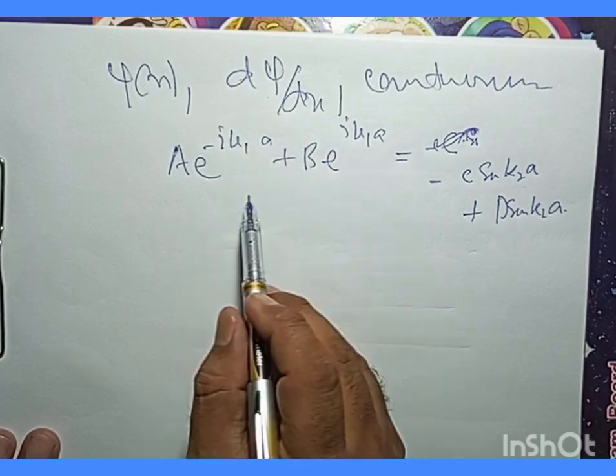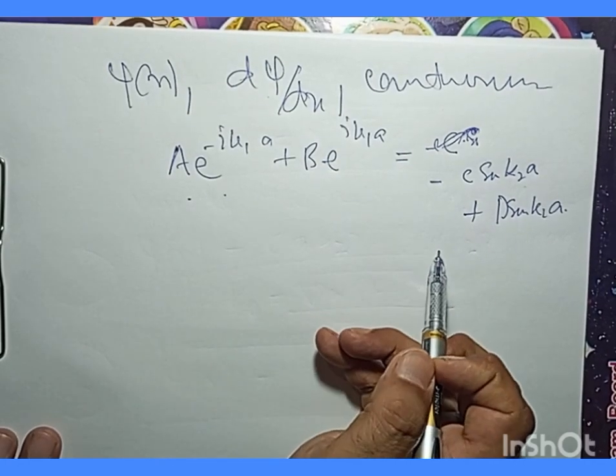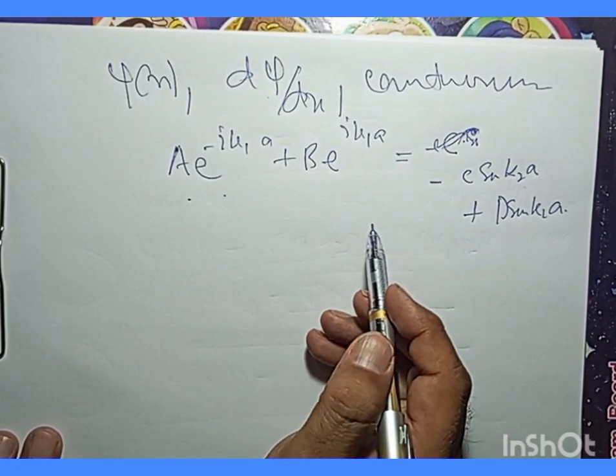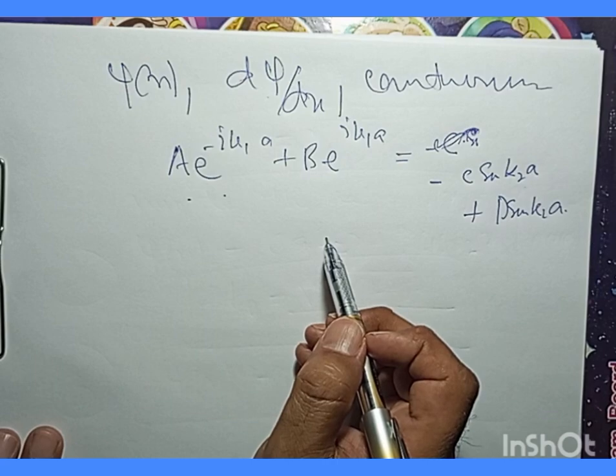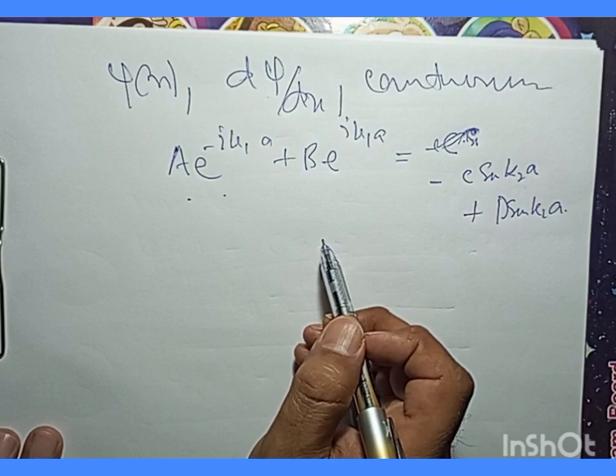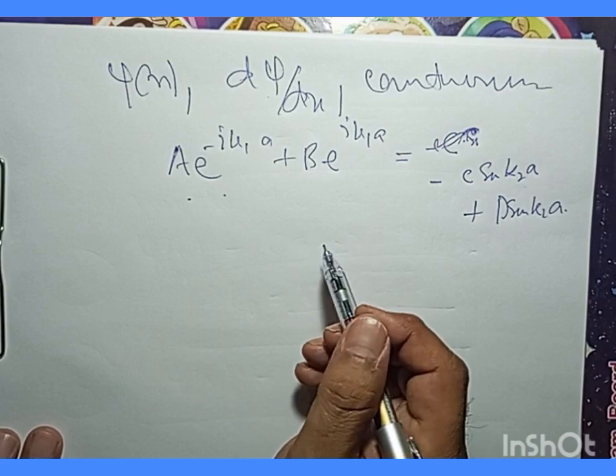So in doing that, we have to take the differentiation of this, and we have to use the limit. We have to replace x by a.